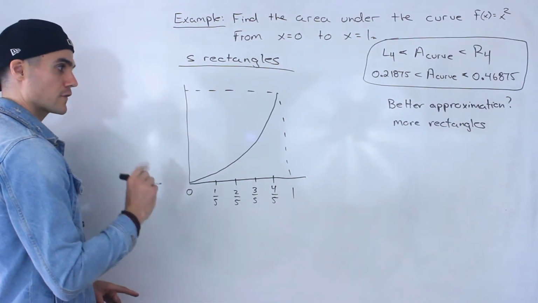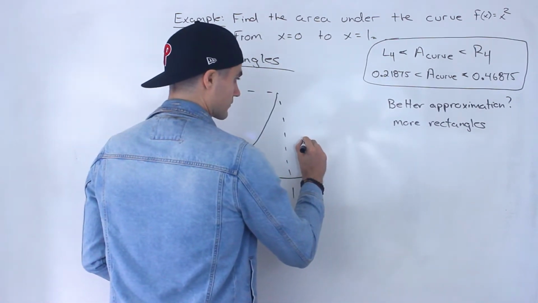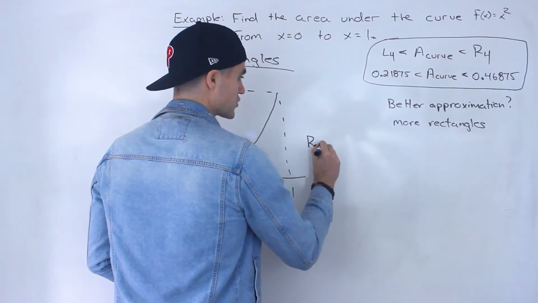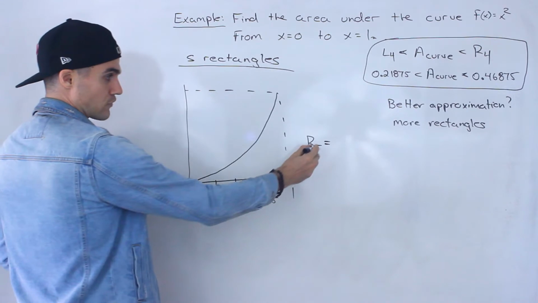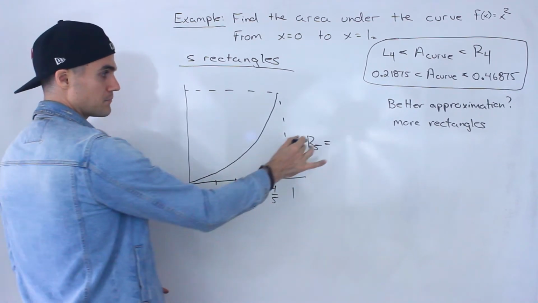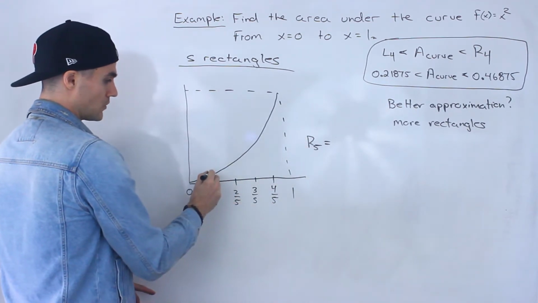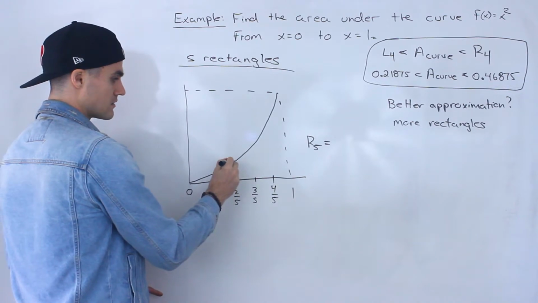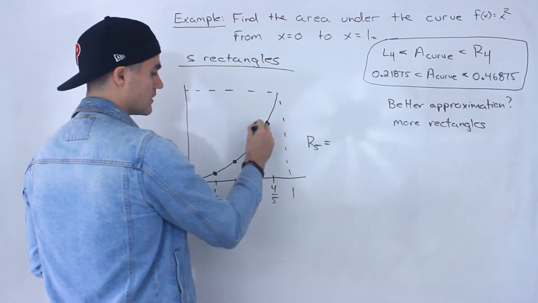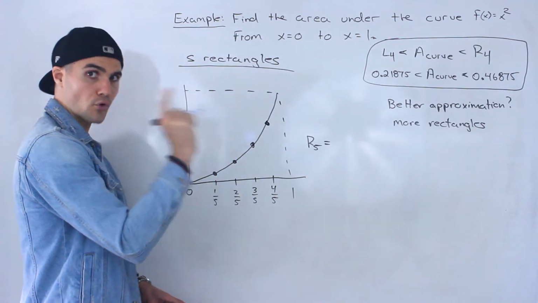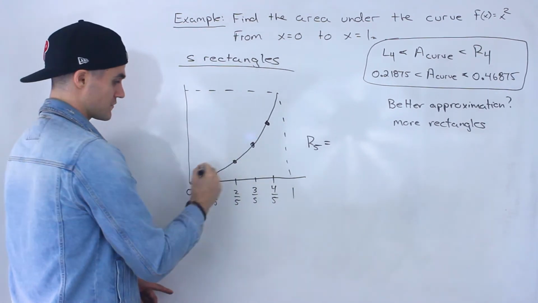And so what I'm first going to do is create an expression for R5. So 5 rectangles, but because this is an R here, what we know is that each of these points here are going to be the right upper corners of each rectangle.